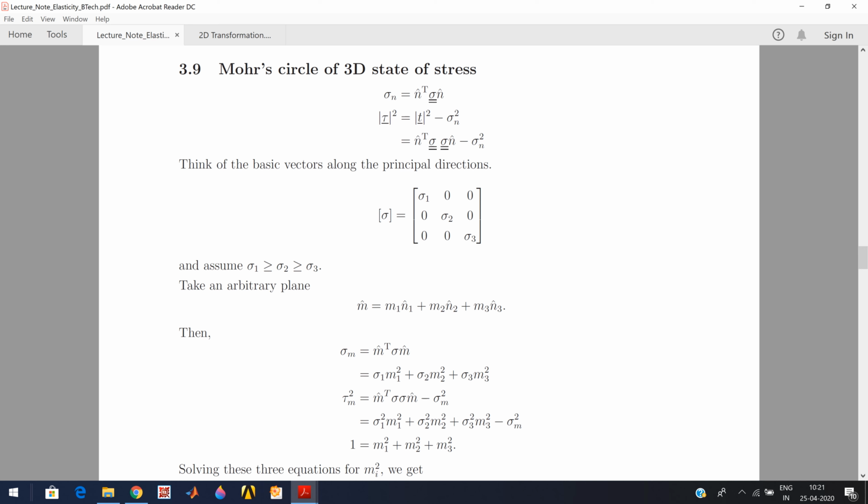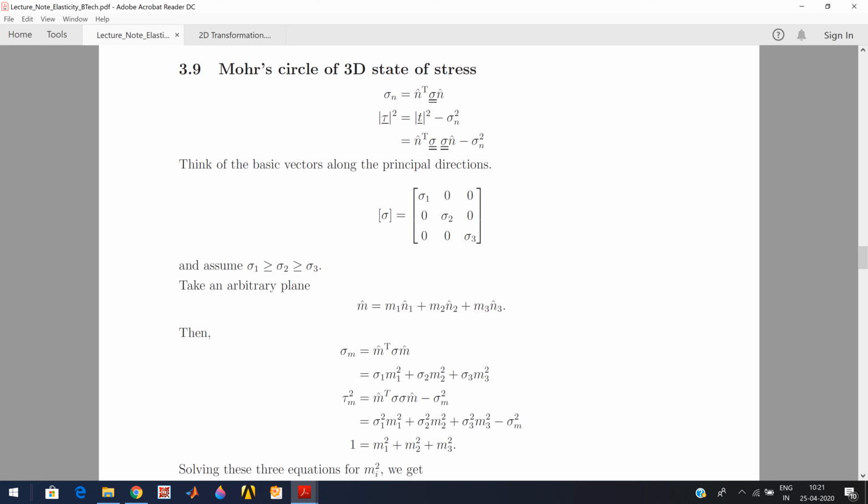And with respect to that stress tensor definition, we'll now see how the normal stress and the shear stress on a particular plane can be defined.